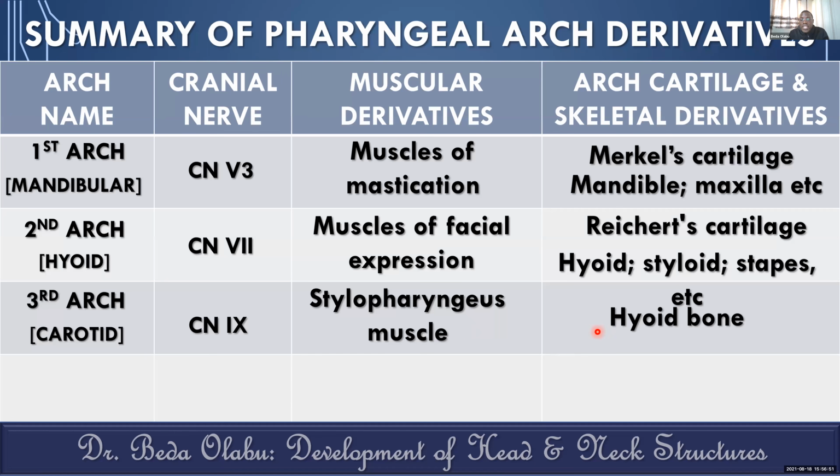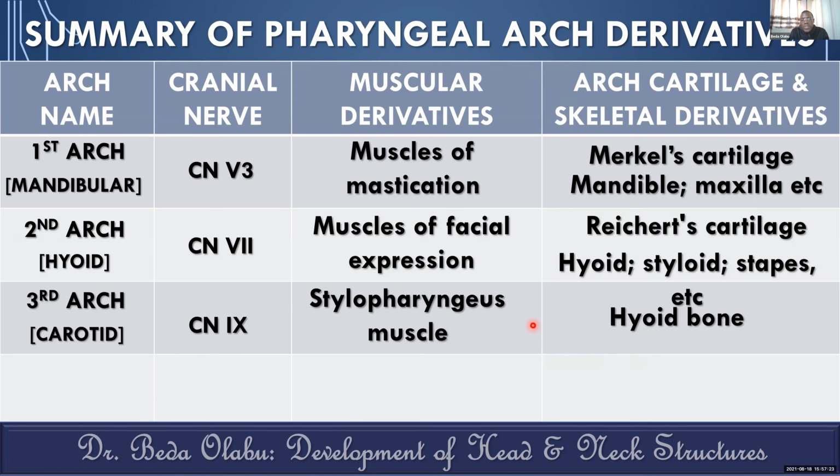The skeletal derivatives of the third pharyngeal arch are principally the lower parts of the hyoid bone. So the lower part of the body of the hyoid bone, as well as the greater horns of the hyoid bone, those are derived from the mesenchyme of the third pharyngeal arch. The third pharyngeal arch artery, what does it become?